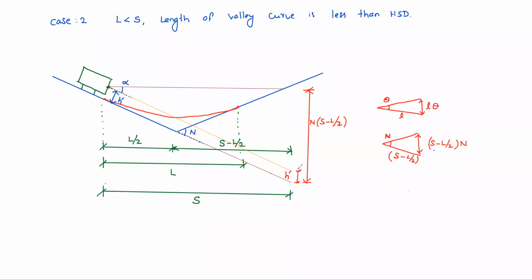Okay, and this one, see, this is alpha and this is S. So this height will be S tan alpha. Okay, that means this angle is alpha and this line distance is S. Obviously, this height, here to here, is S into tan alpha.